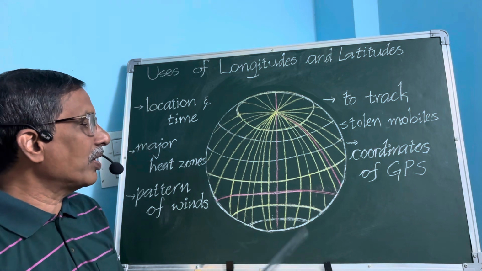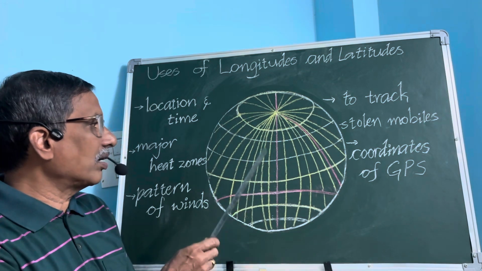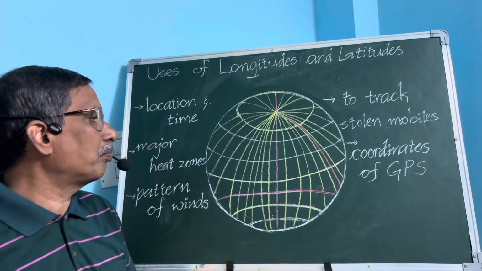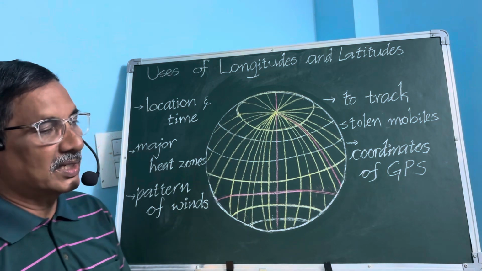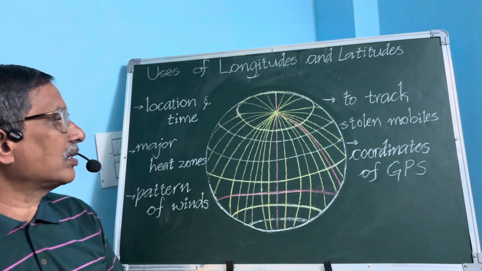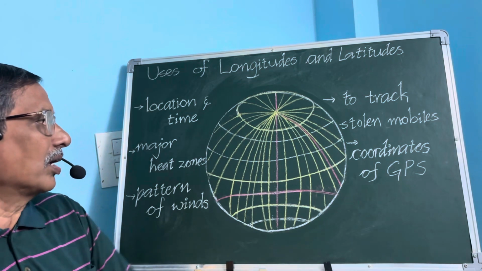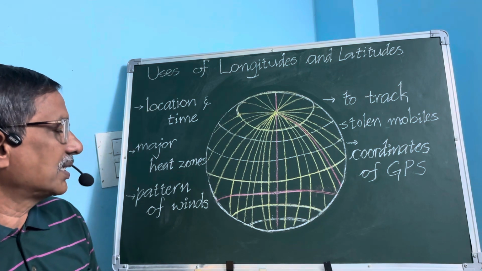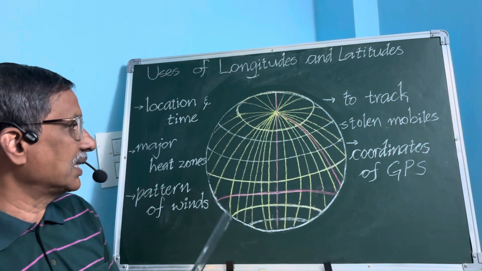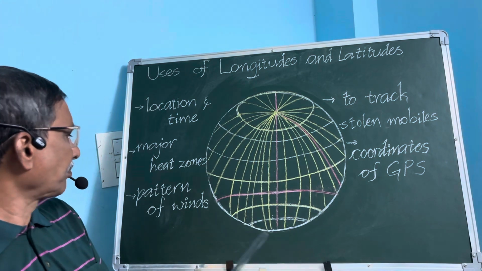And when we move from the equator, that is from the tropical zones, towards the poles, the temperature decreases. However, the temperature of a particular place depends on other factors also, such as the altitude of that particular place and its nearness to the sea.